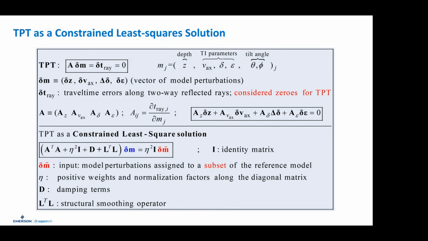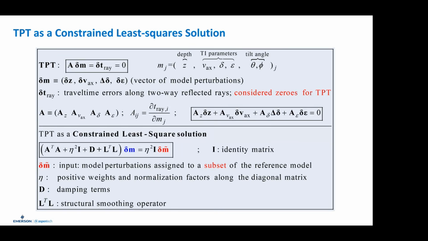And there is also a term that controls the structural smoothing of the operator. And delta M in blue are all the parameters in the model that we would like to invert for, so the perturbations of the whole model.